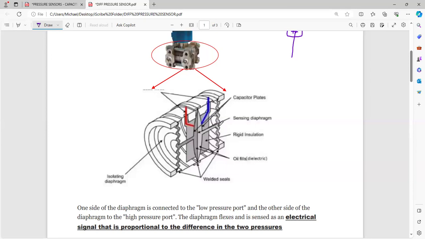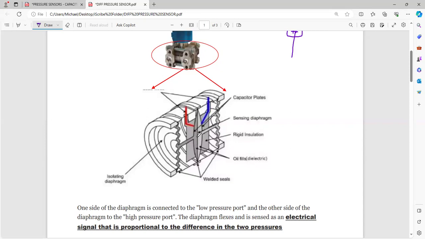Similarly, the capacitor on the right hand side is going to be filled with the same oil over here. And again, the flexible diaphragm is common for this particular capacitor as well. So this flexible diaphragm is common for both the capacitor on the left hand side and the capacitor on the right hand side. Okay, and in a similar manner also, if the pressure is going to be more on this side, then it is going to deflect this diaphragm towards the left.